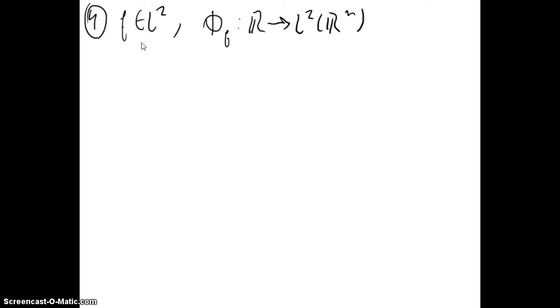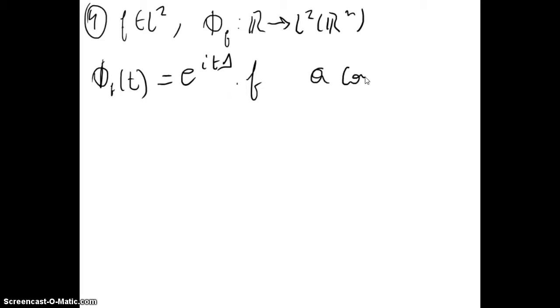We define that by phi f t equal to e^(itΔ) applied to f. Okay, so it's going to be a continuous function. That is to say that it describes a curve in L2.